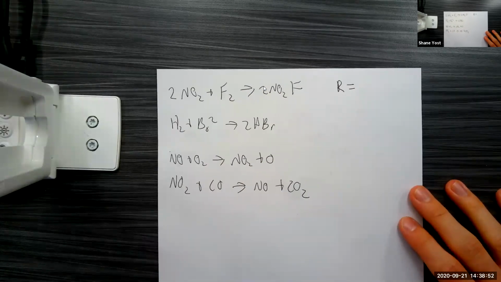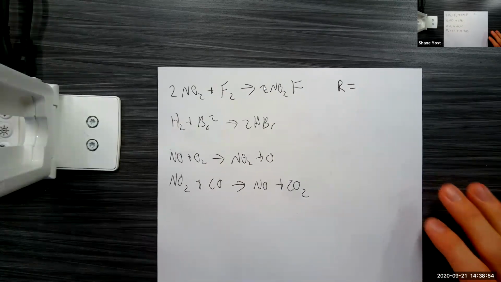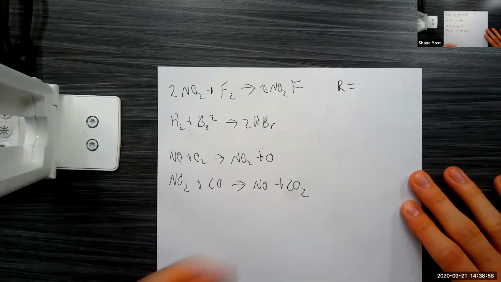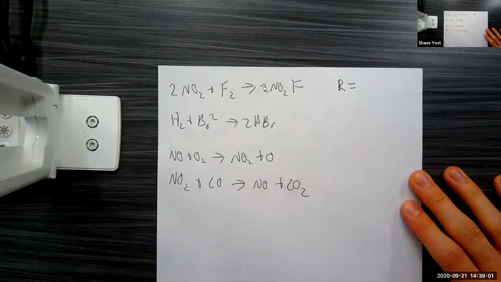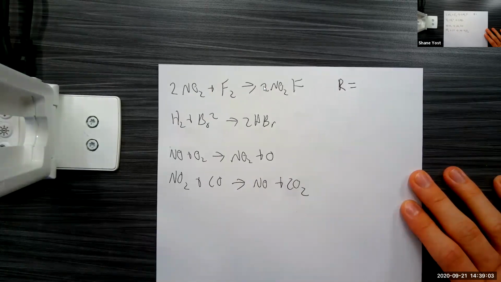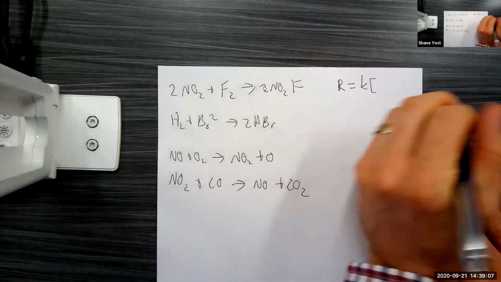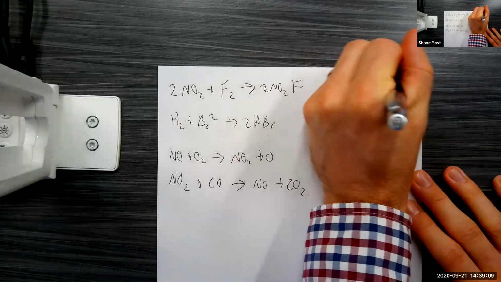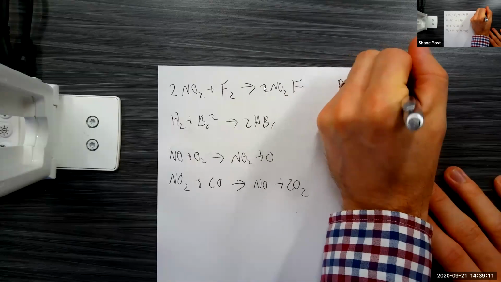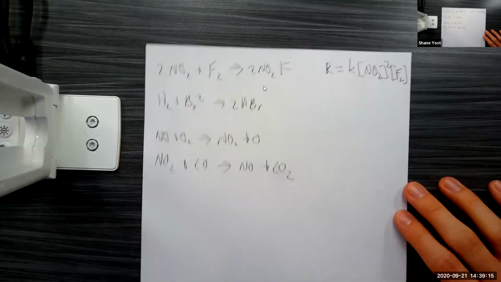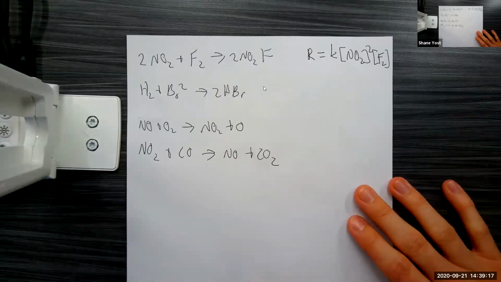So the first one, what was the rate going to equal? It's NO2 squared times F2.